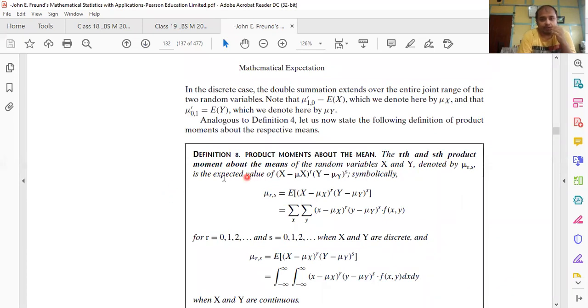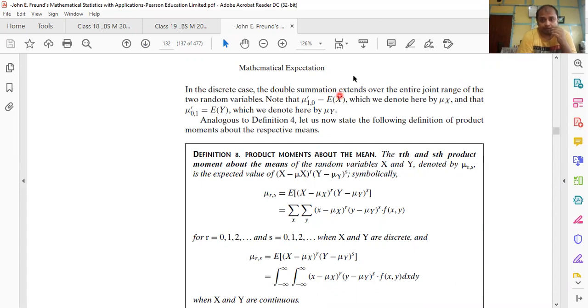Okay. So this quantity is the expected value of the power of this difference multiplied by the power of that difference. Previously, it was simply capital X to the power r and capital Y to the power s. And now it has become capital X minus mu X. There is a printing mistake, as you can see in the book.